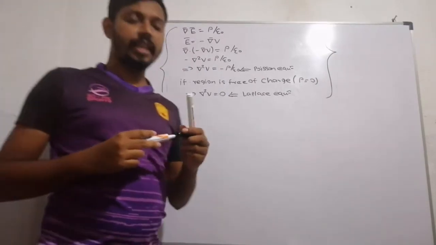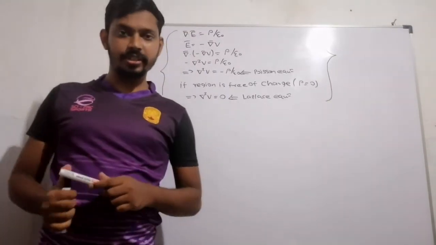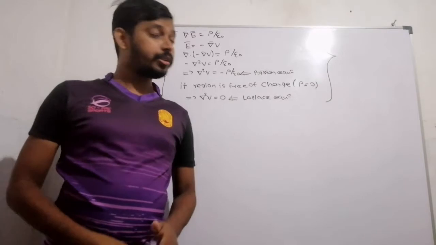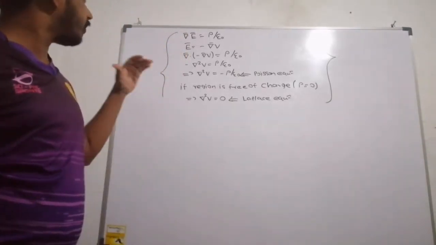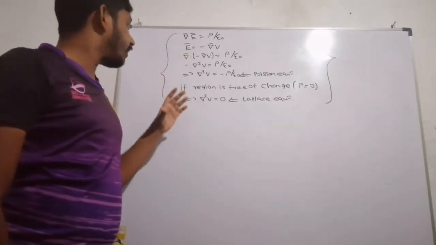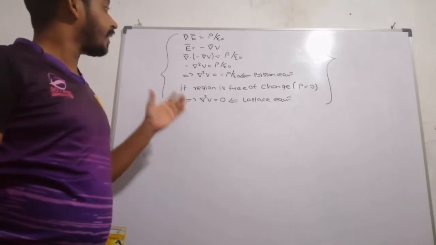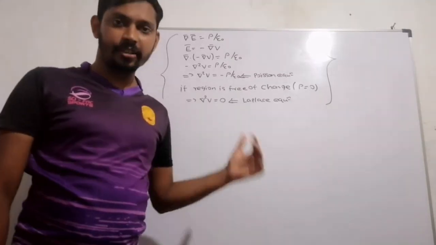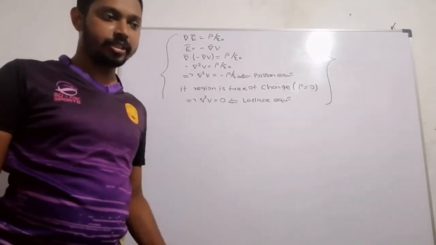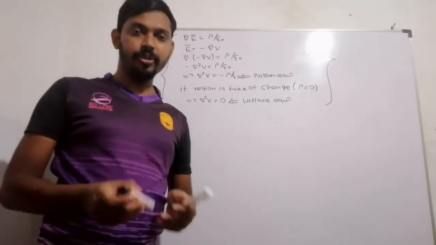When we are dealing with the Laplace equation or Poisson equation, you want to know how to use the Laplace equation in three coordinate systems. That means the Cartesian coordinate system, cylindrical coordinate system and spherical coordinate system. Let me write down these formulas first.